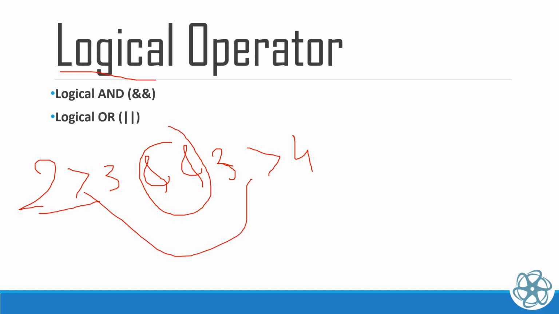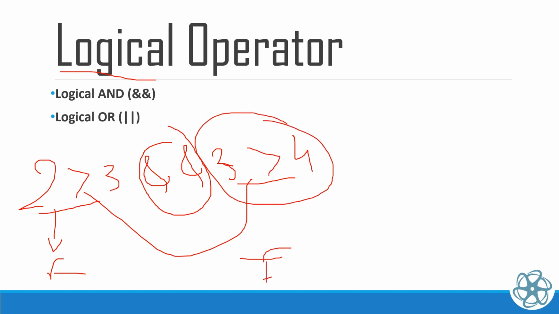They are checking if 2 is greater than 3 and 3 is greater than 4 or not. Here the condition fails as 2 is not greater than 3, so it will not check 3 and 4 and directly will return false.